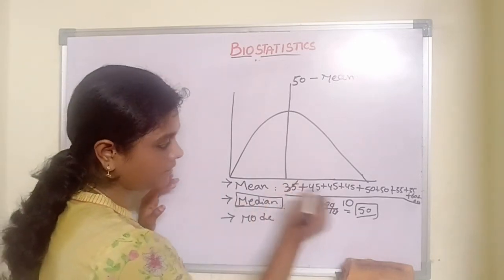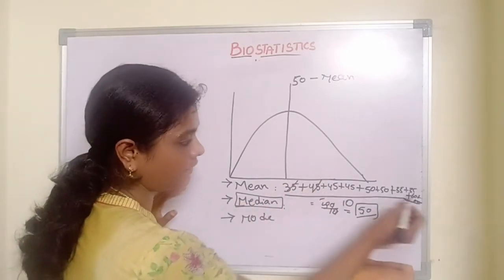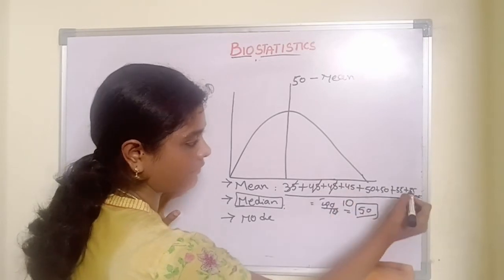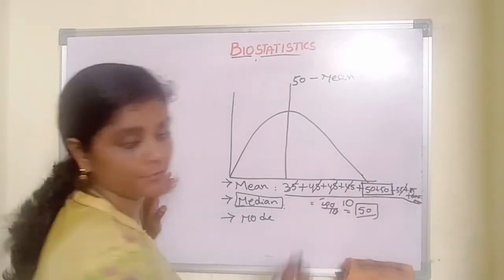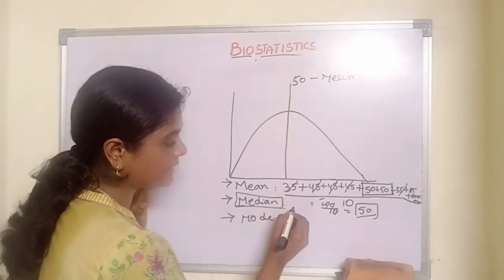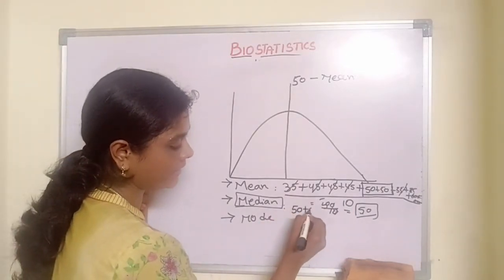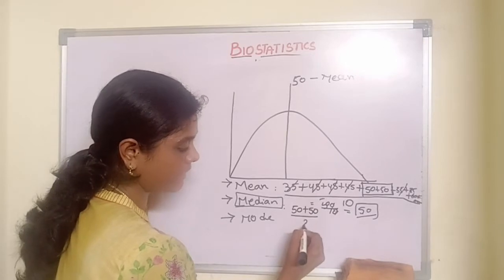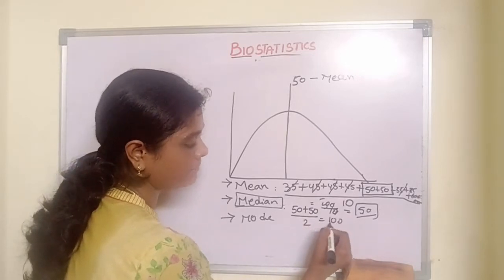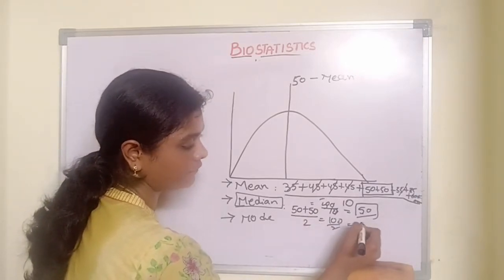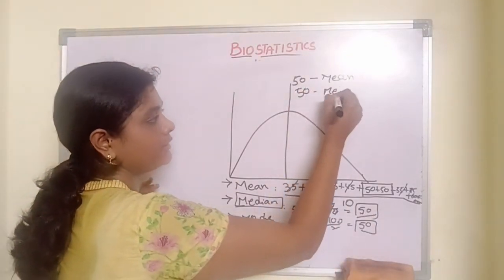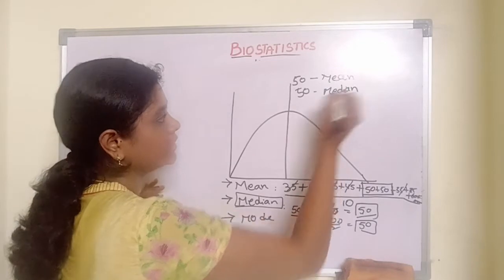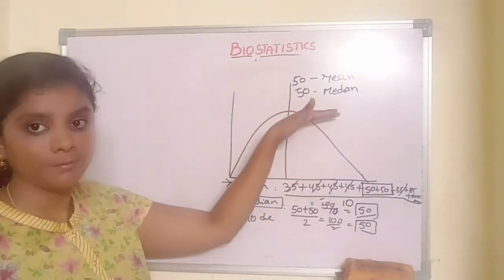So for example, 35 and 60, 45 and 60 go out, 45, 55 go out. Now the center is left with 50 and 50. So the median for even numbers can be calculated by 50 plus 50 divided by 2, that is 100 by 2, that is 50. So the median here is also 50.